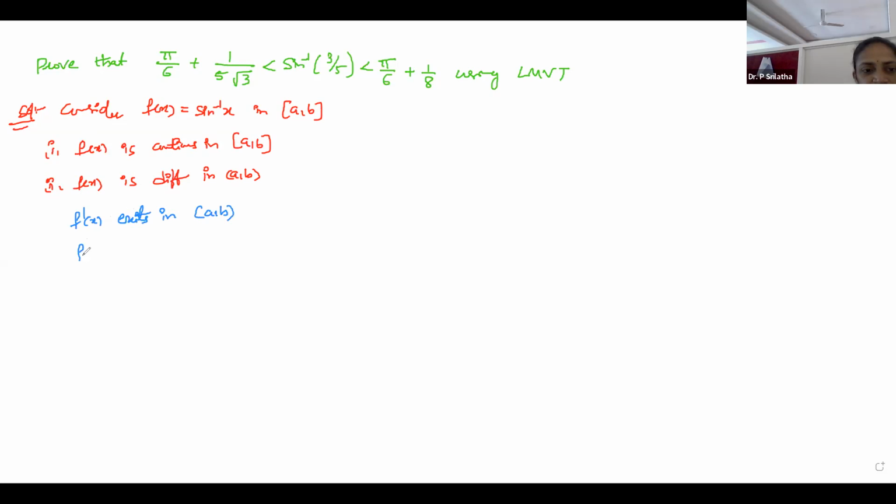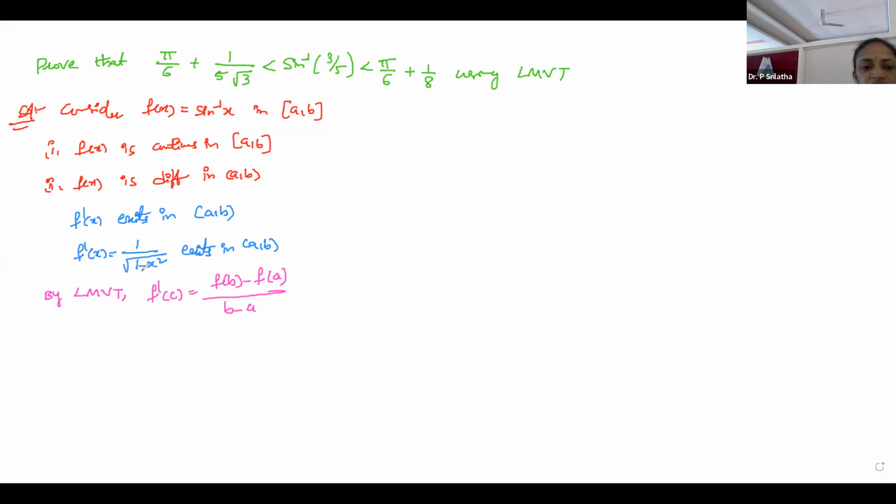F of x is sine inverse x, so f dash of x is 1 by under root of 1 minus x square. It exists in the open interval a comma b. So by Lagrange's mean value theorem, what is the formula? F dash of c equal to f of b minus f of a divided by b minus a. So what is f dash of c?